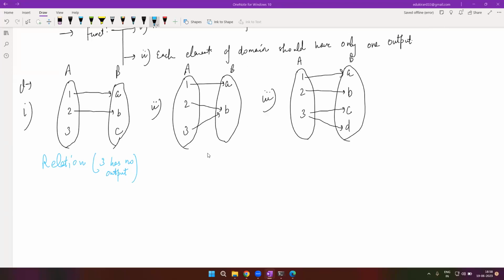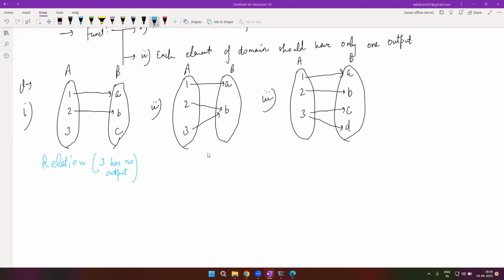In the second case, we are trying to find out. Yeah, right. So see, in the second one, let's check the first condition first. The first condition says that all the elements of the input must have an output, right? Austin, your answers are correct and I guess you have got it. So I'm just trying to make them understand in Hindi.